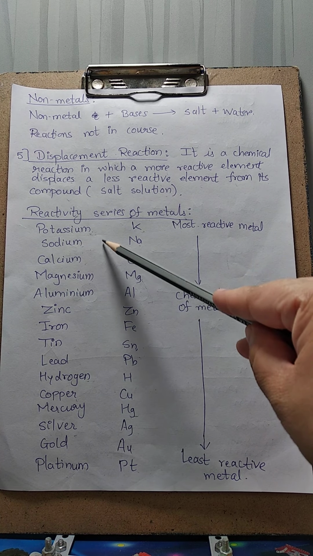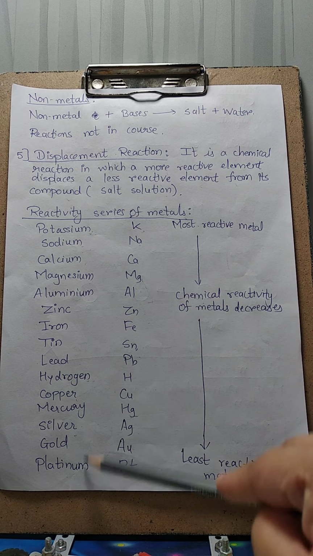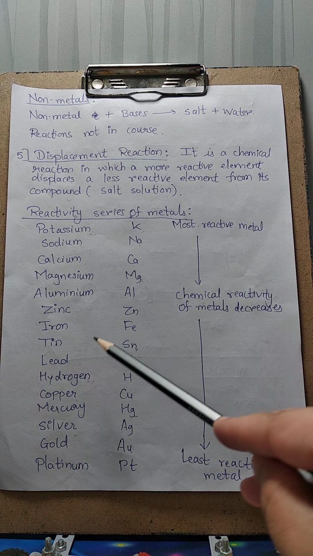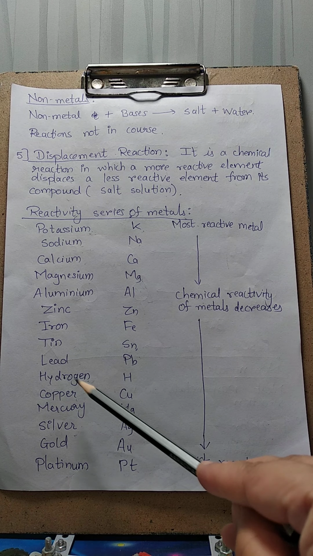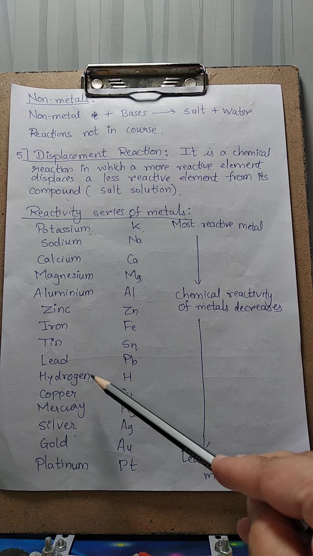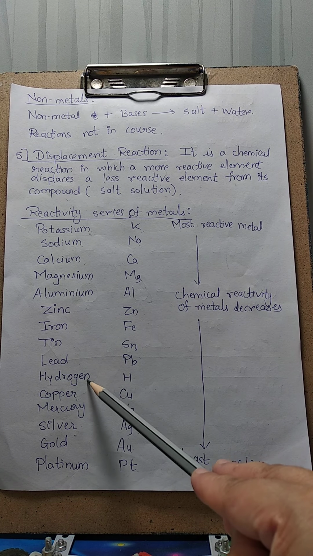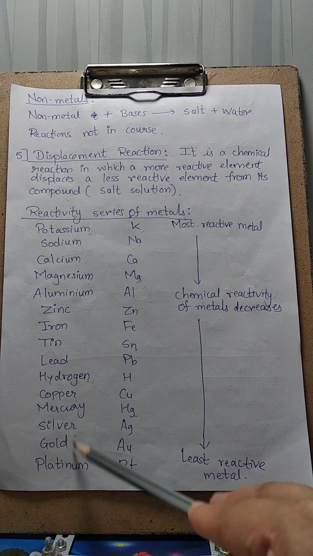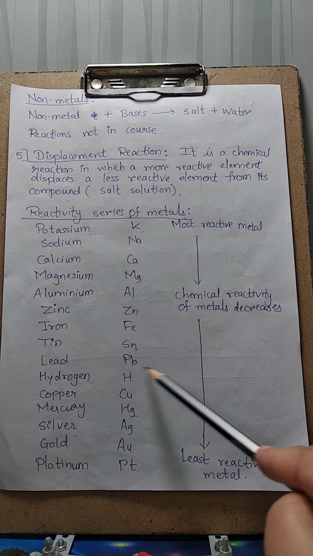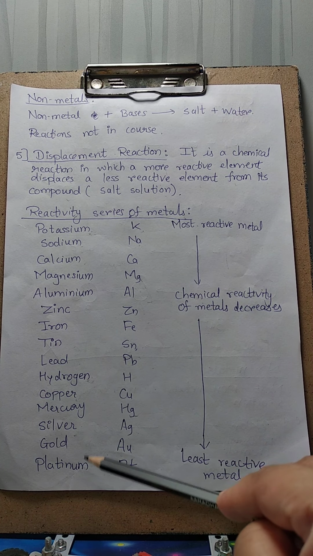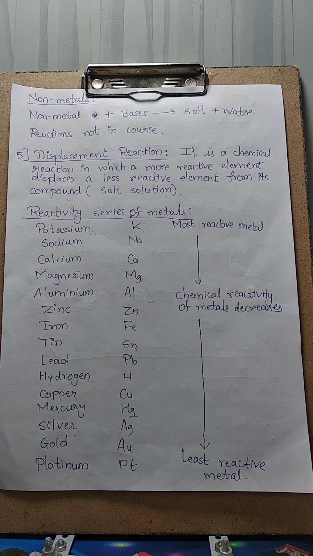All these are metals except hydrogen, which is a non-metal. But as hydrogen shows more reactivity than all these metals below it, it is placed above them in the reactivity series. That is why it is placed in the reactivity series.